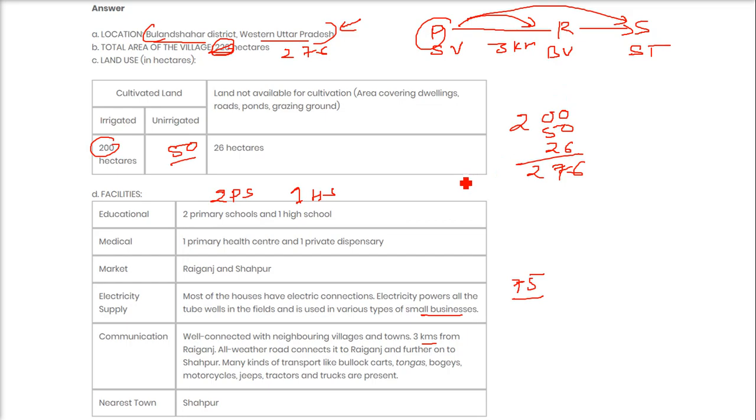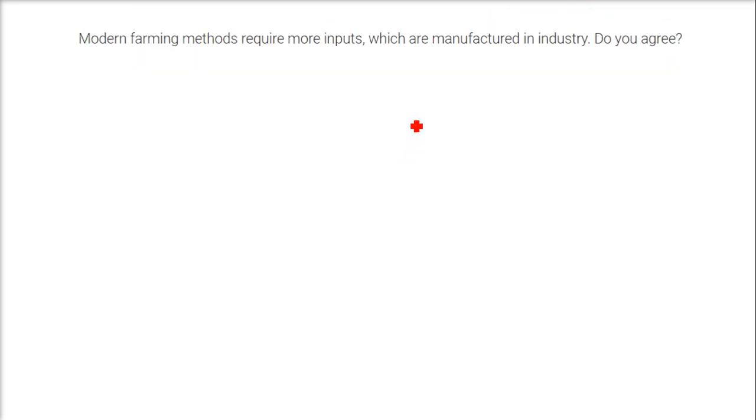That means it will work in all the different weathers like monsoon and hot weather, etc. And this all weather road connects it to Raiganj and further to Shahpur, as we have seen here. There are different kinds of transport for communication, like bullock carts, tongas, bogies, motorcycles, jeeps, tractors, trucks. These are also present. And the nearest town, as I said, the smallest town nearby, is Shahpur.